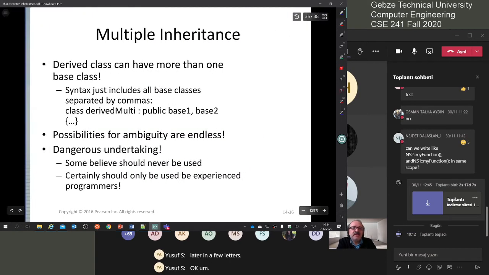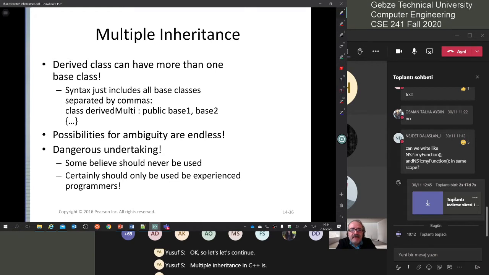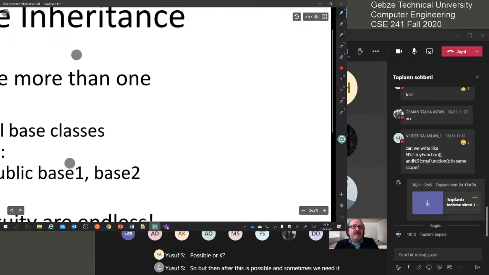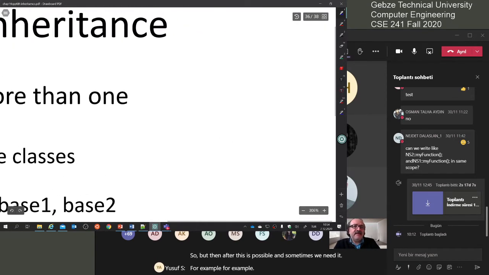Okay, so let's continue. Multiple inheritance in C++ is possible, and sometimes we need it. For example, let's say I have a person class and I have an employee class.